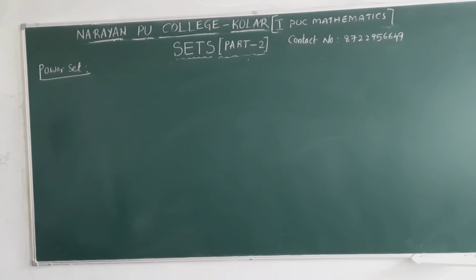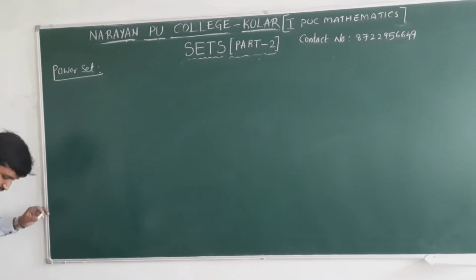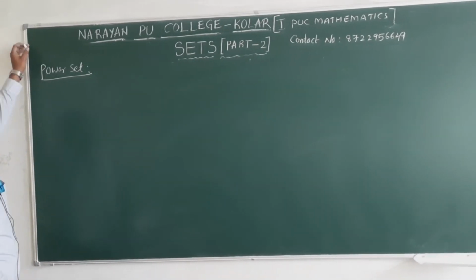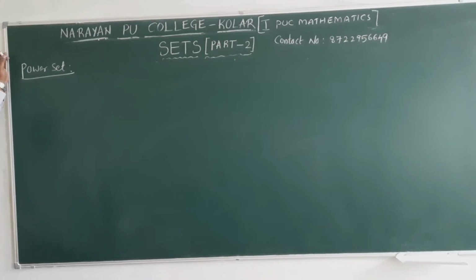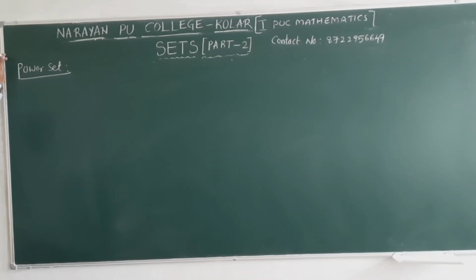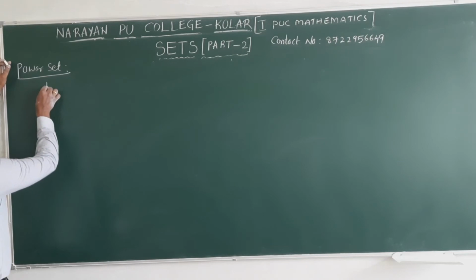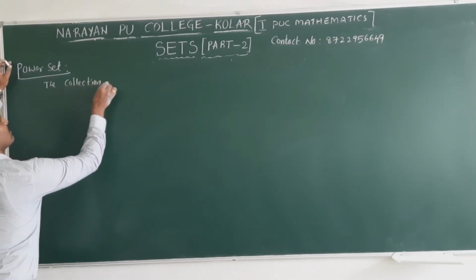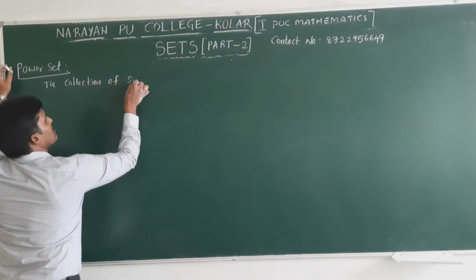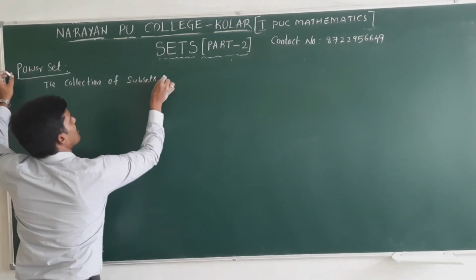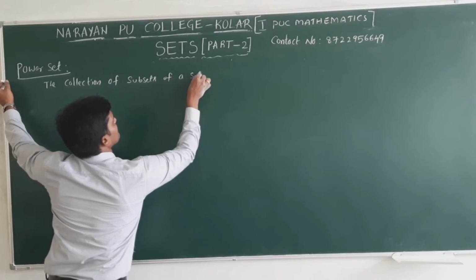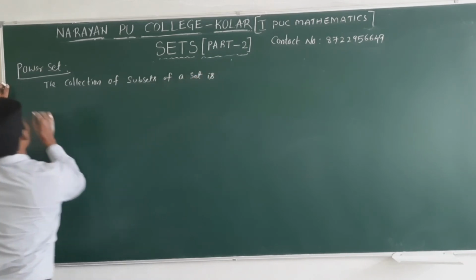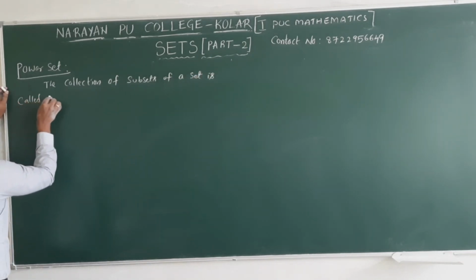What is the meaning of power set? The power set means the set of all possible subsets of a set. Otherwise, you can say the collection of all subsets of a set is called the power set.